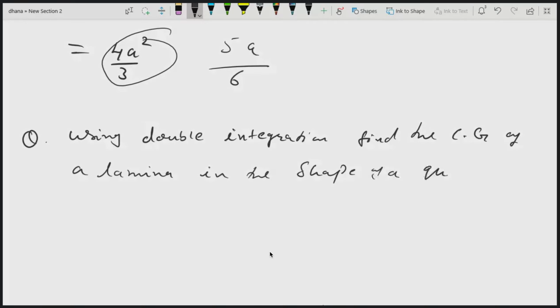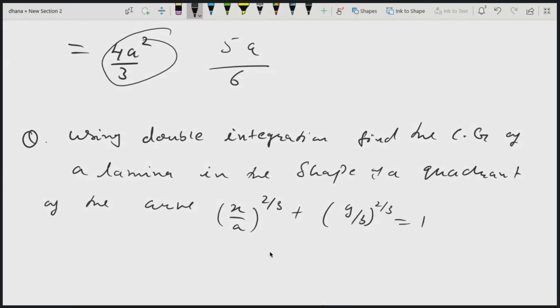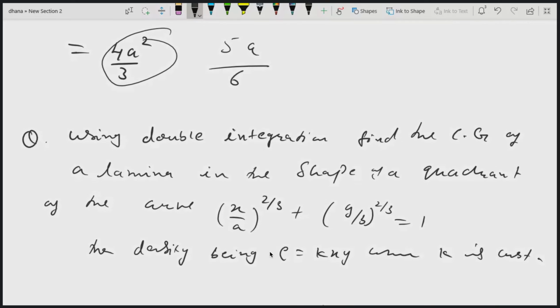We consider it to be the positive quadrant of the curve x by a whole to the power 2 by 3 plus y by b whole to the power 2 by 3 is equal to 1. The density being rho is equal to kxy, where k is a constant. So here you need to find the x bar, y bar point.